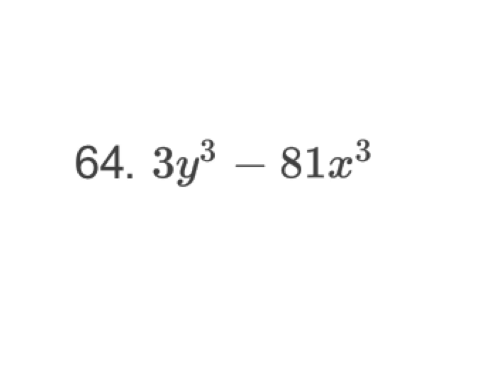64, again, first thing we look for, say it a million times, is the GCF. So I'm going to take out a 3 in both cases here. So I take out my 3 and I'm left with y cubed minus 81 divided by 3 is 27 x cubed. And I notice again, we have difference of cubes.